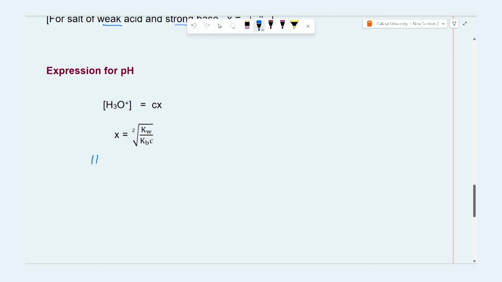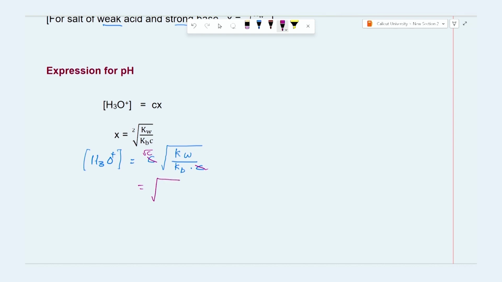That is, H3O plus concentration is equal to C into, instead of x, I am going to put square root of Kw by Kb into C. So, this is root C and this is the whole C. So, I can just cancel that, this C and this C, the answer will be root C. So, I can take this C inside the root, but that will be in the numerator.